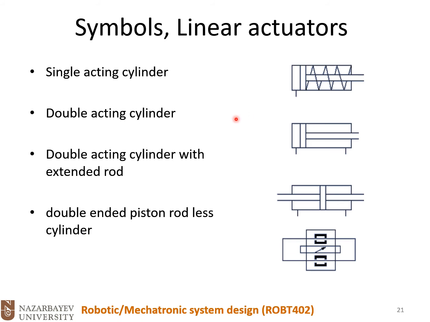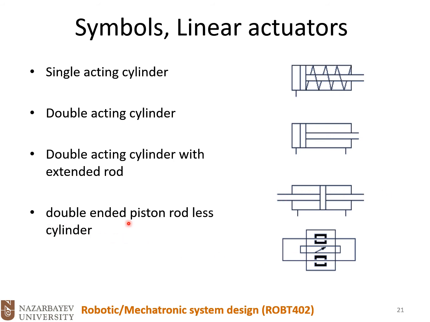Okay, so symbols. Let's review some symbols. For single acting cylinders, again, we have one port and we have a spring. For double acting cylinders, two ports, we don't have a spring. We have a double acting cylinder because we have two ports and an extended rod.